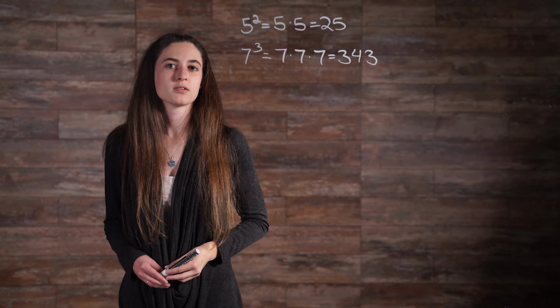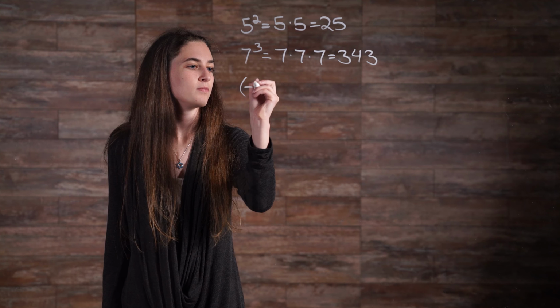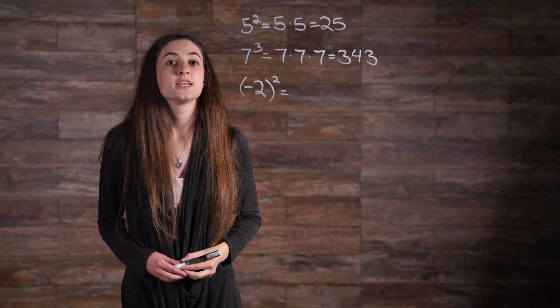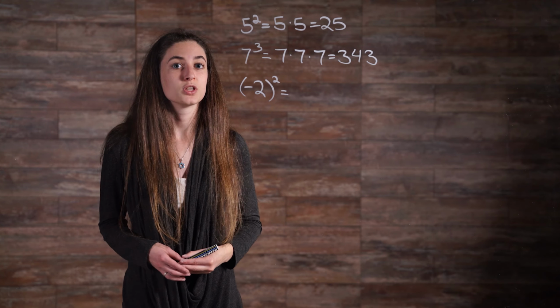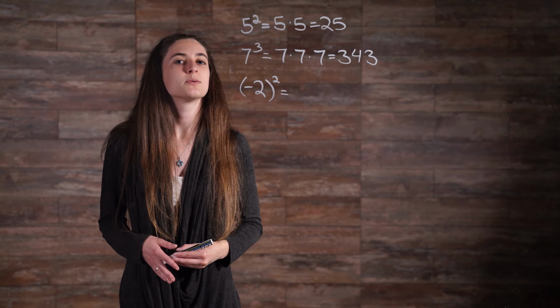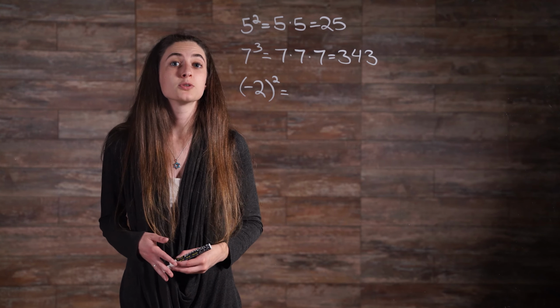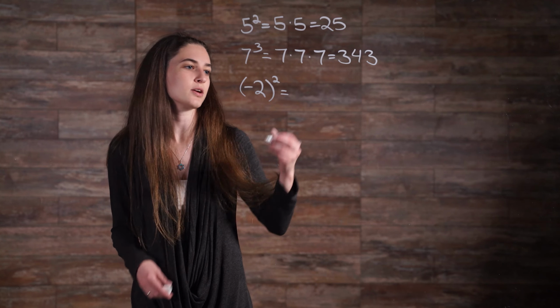Let's try another one, but this one will look a little different. (-2) squared. It is important to point out that parentheses are being used with this example to define the base. -2 is being raised to the second power. The interpretation is the same. Simply multiply -2 by itself twice. Multiplying two negative numbers using parentheses results in a positive value, 4.